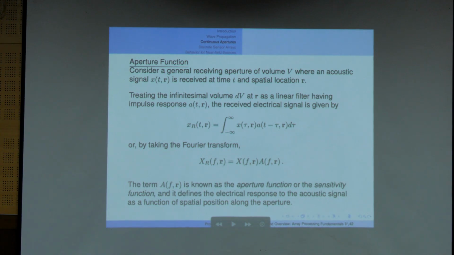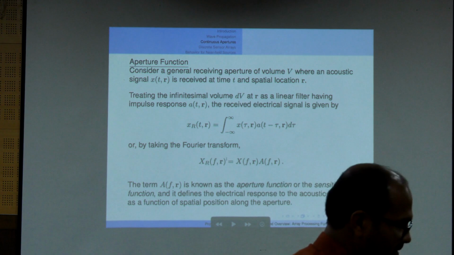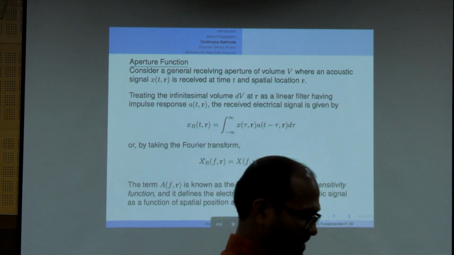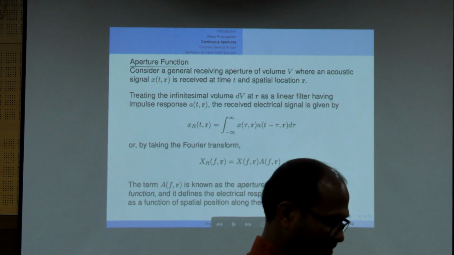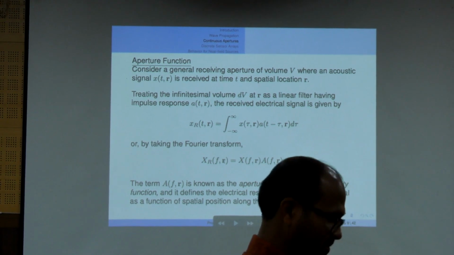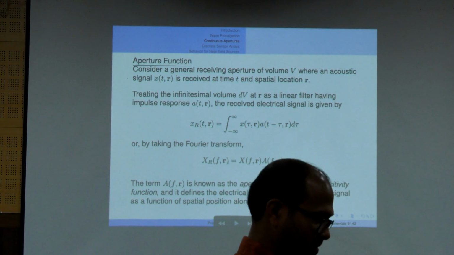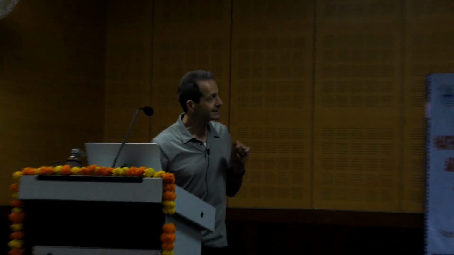So the signal that is received, if we have only this very small area in the aperture around the point R, and this is the acoustic wave received at that point, this is the transfer function. Instead of using the impulse response, we go to the Fourier transform and we have the transfer function of that point.